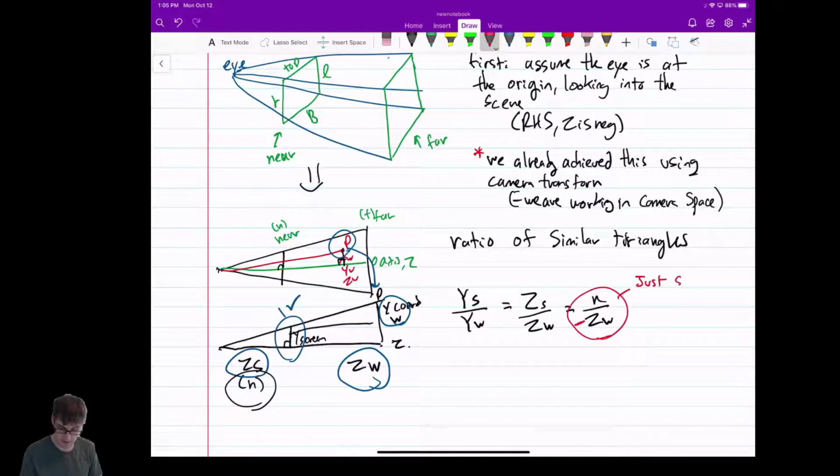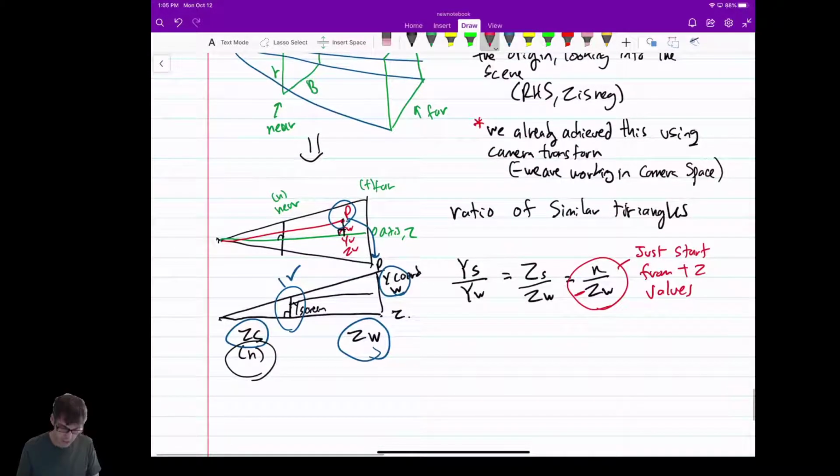Let's just start from positive z values, right-handed system, from the previous lecture. Since we're looking down the z-axis negative, let's just make it positive so we're working in positive z numbers. Great.